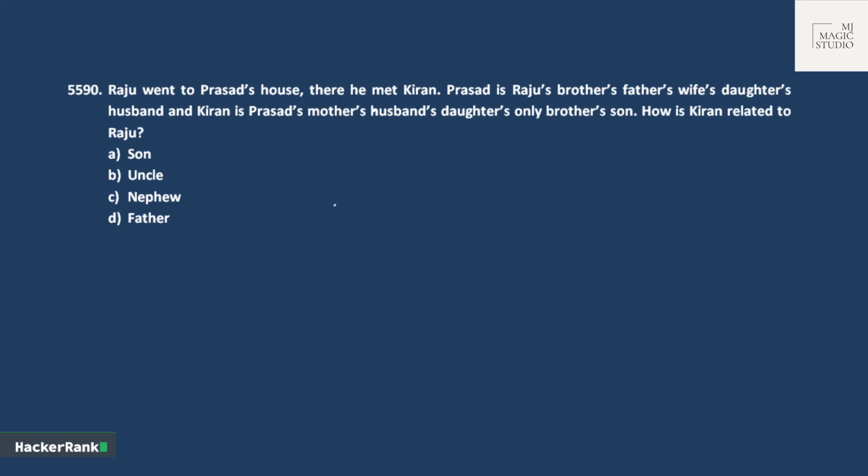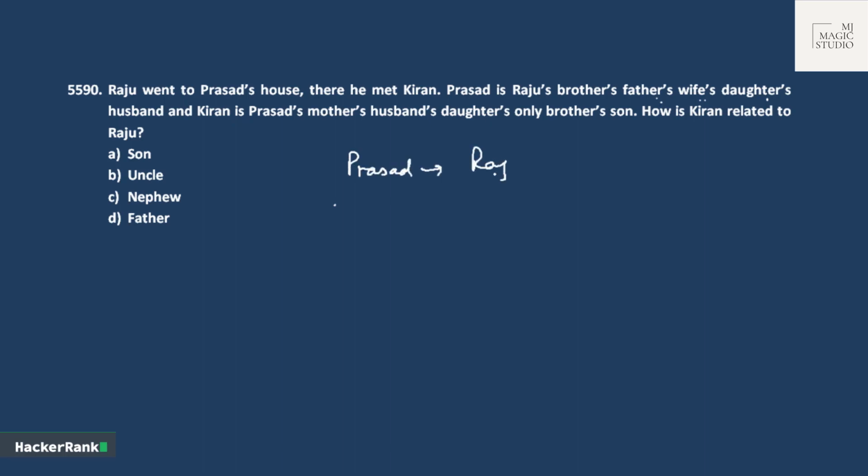Raju went to Prasad's house. There he met Kiran. Prasad is Raju's brother. That means Raju's father's wife, Raju's mother's daughter, that means Raju's sister's husband.